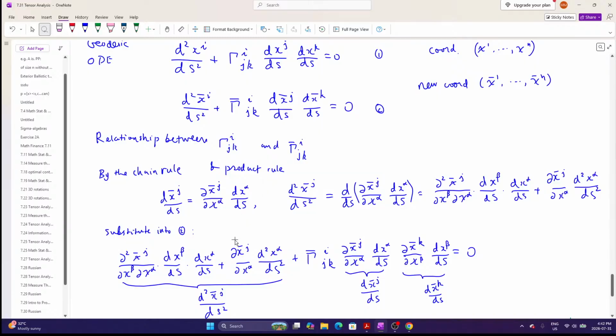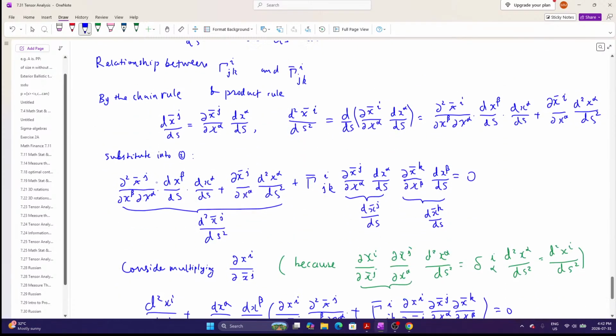Here I should have used I because of this I. Let me just change that, okay? When you do tensor calculus, be very mindful which indices are already used as free index. And this is what happens when you stop paying attention. These small mistakes can create big confusion later on. So this should be I.